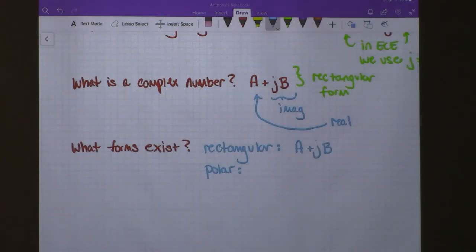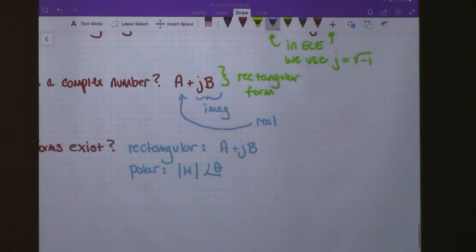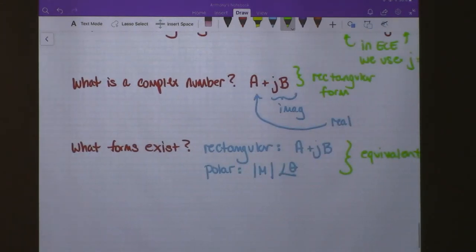And then for this one, I'm going to call it magnitude with an angle of theta. These two are equivalent, a lot like we use that term for Thevenin and Norton circuits. What it means is we can go back and forth between them and they represent the exact same thing.